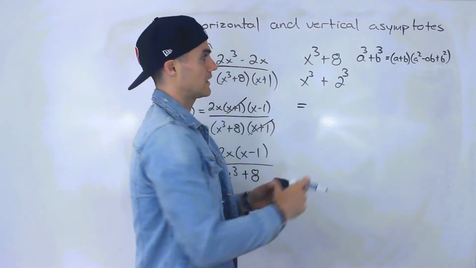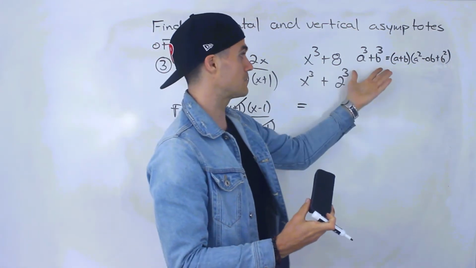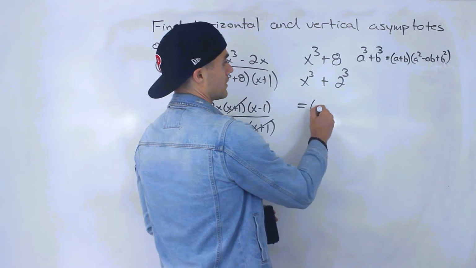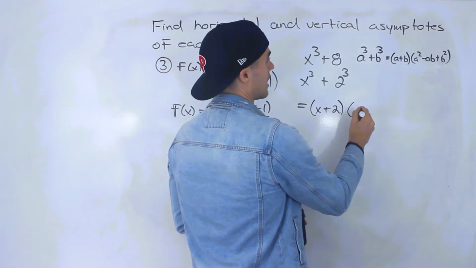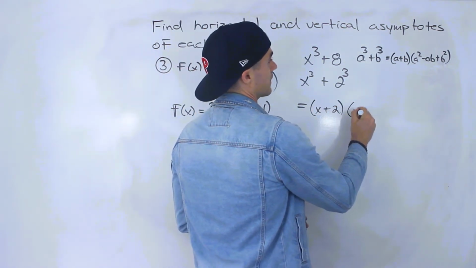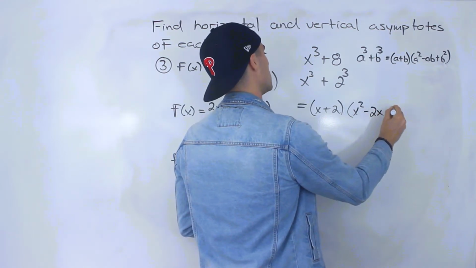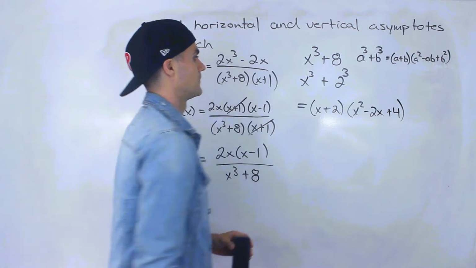So if we plug in that respective a and b value, x and 2, here on the right side, we'd end up with x plus 2 times x squared minus 2x plus 4.